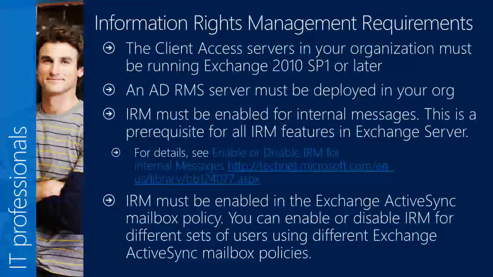And then you must also enable it for internal messaging, with an RMS server available within your organization. And then you must enable it within the Exchange ActiveSync policy set that we just looked at on the Exchange server itself. You can also do this in some circumstances, as some versions of Office 365 can have RMS enabled for you.